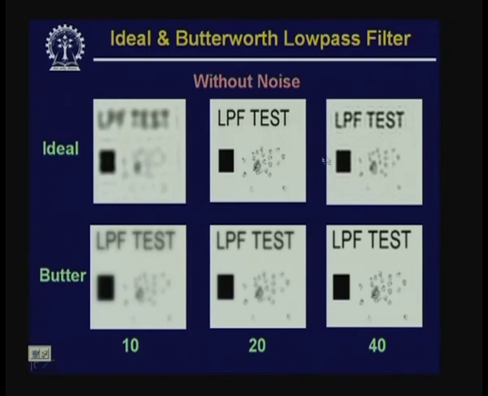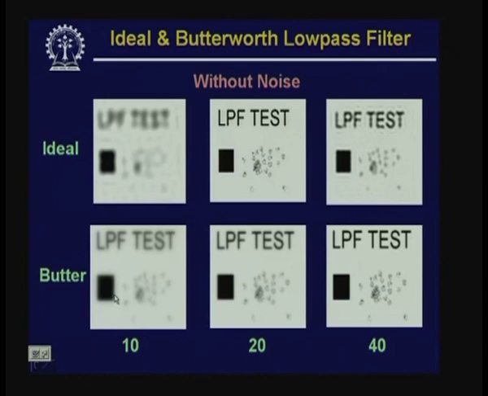Here you find, as the top row shows, that if I use the ideal low pass filter for the same cutoff frequency say 10, the blurring of the image is very high compared to the blurring which is introduced by the Butterworth filter.